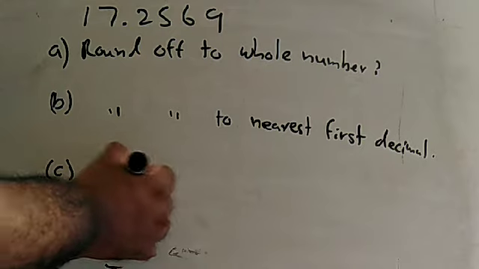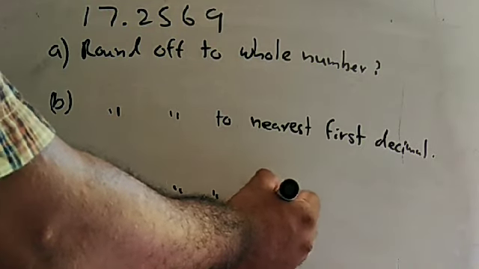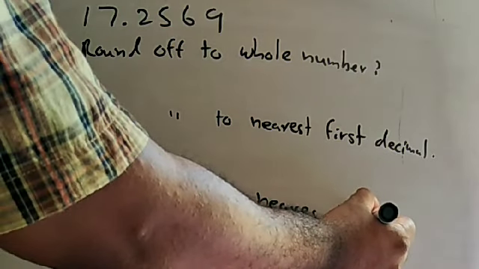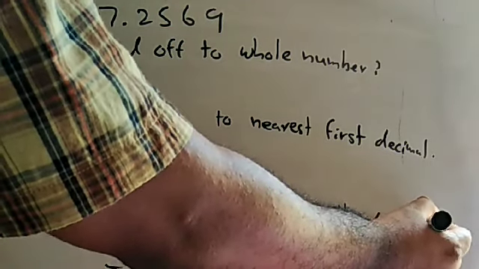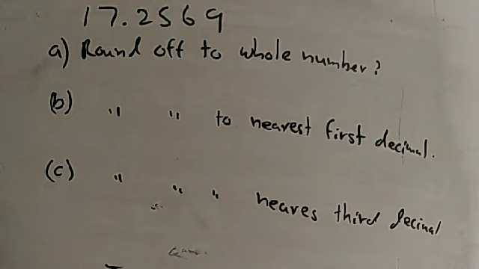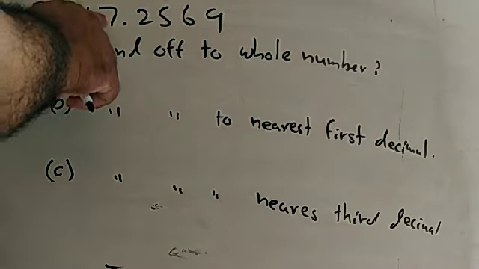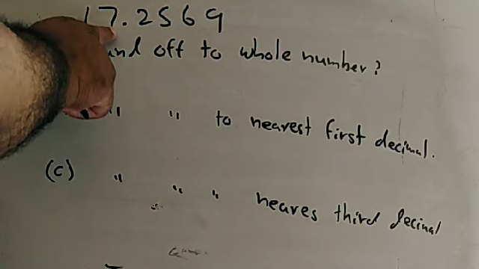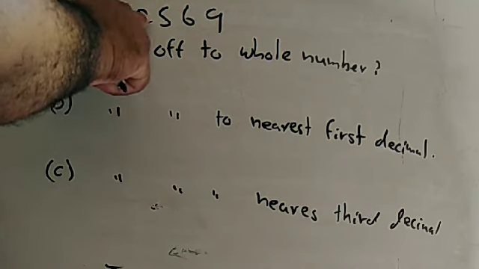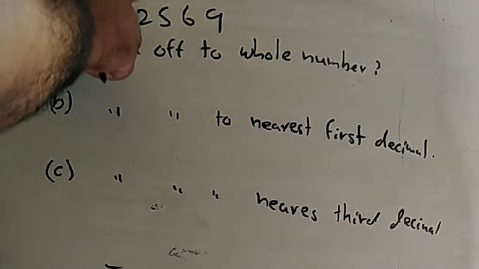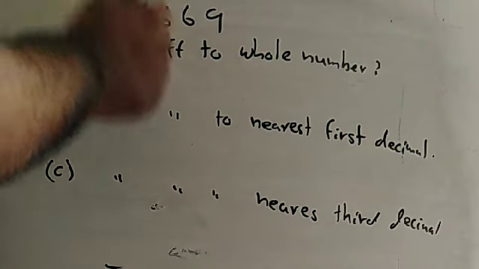C: round off to the nearest third decimal value. Now, round off to the whole number. The whole number is 17. After the whole number, look at the first decimal place, which is below 5. If below 5, do not add to the whole number 17.